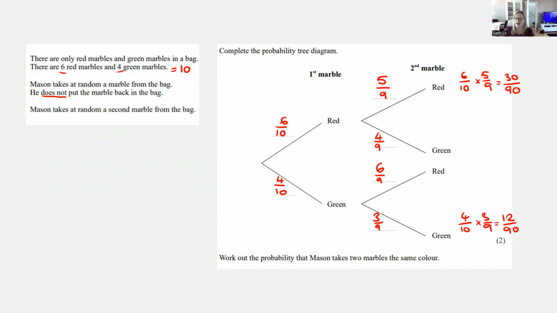Then we can just add those together, which gives us 42 over 90. Now, you can simplify that, but it isn't asking for any simplifying, so I would just leave it like that, because you do have an element of time that you've got to allocate for this question.